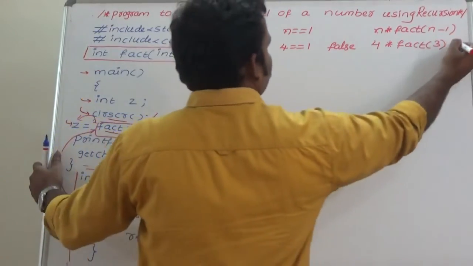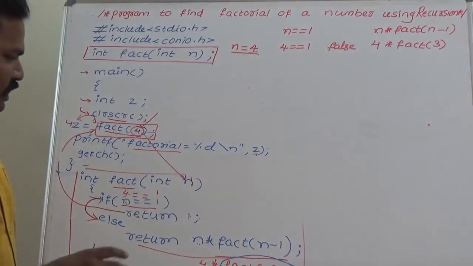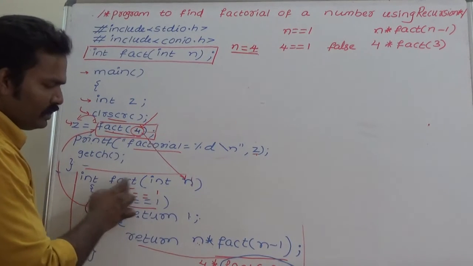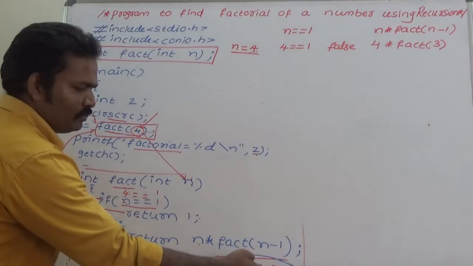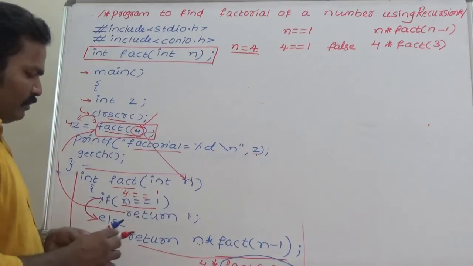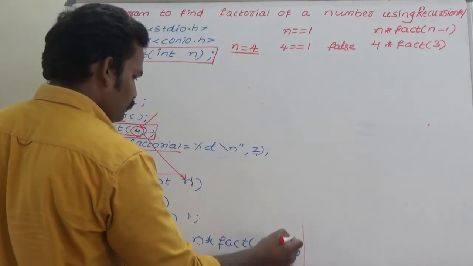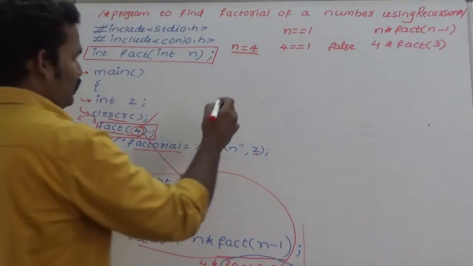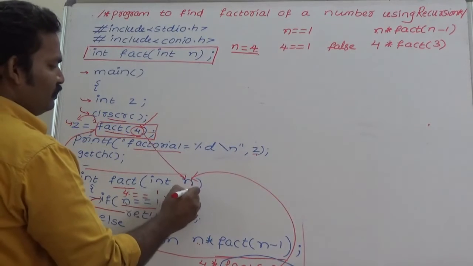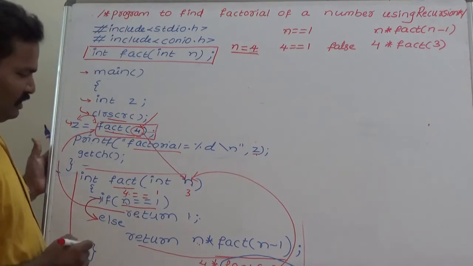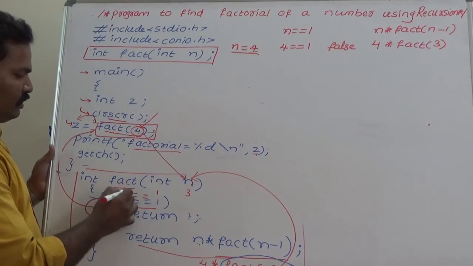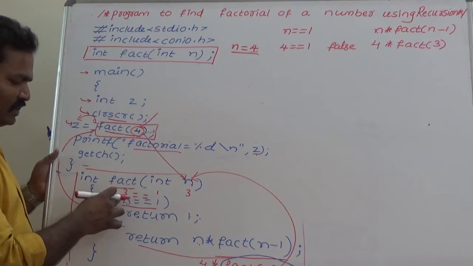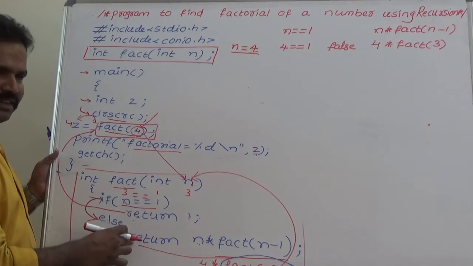So here we are calling the fact function by passing argument value 3 to the n variable. So 3 will be received by the n variable. Now n value is 3. Is 3 equal to 1? False. The condition is false, so the else block statements are executed.